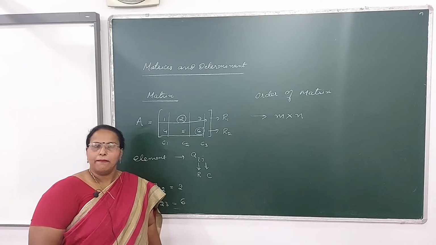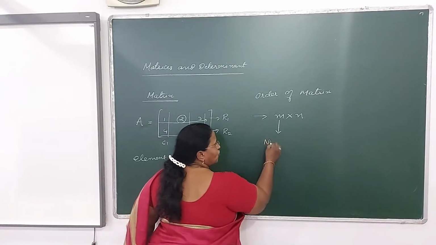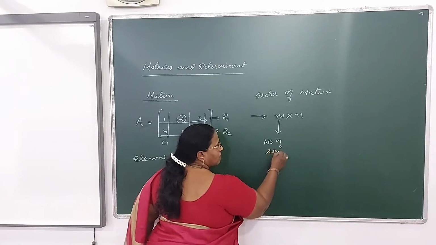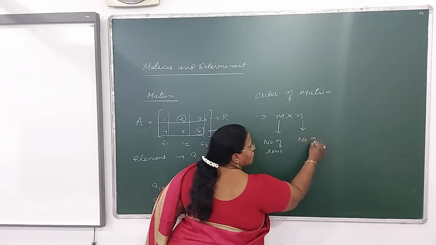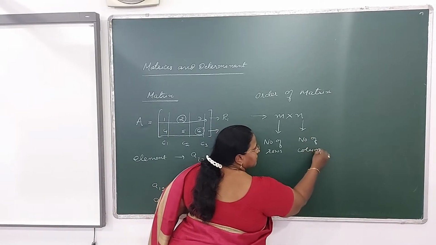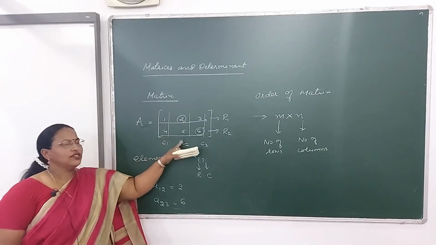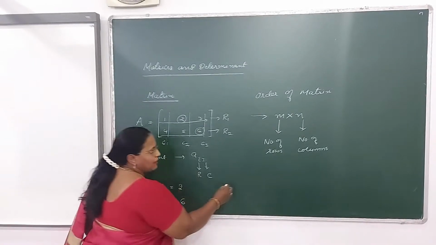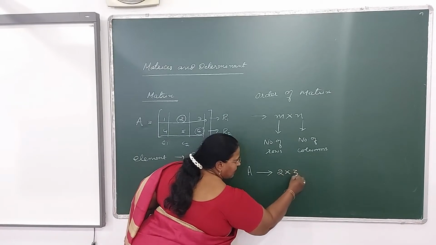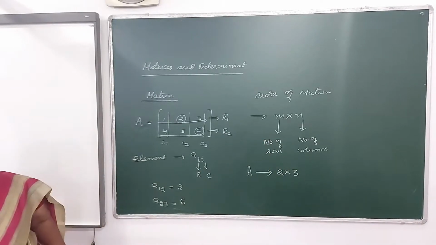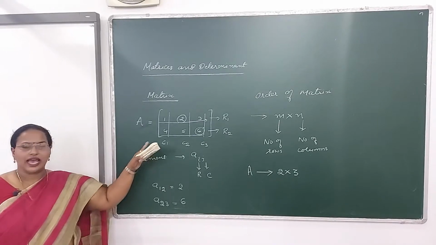It is m by n, where m stands for the number of rows and n stands for number of columns. Now here in this example you see 2 rows and 3 columns are there. So what will be the order of this particular matrix? The order of this particular matrix will be 2 by 3.